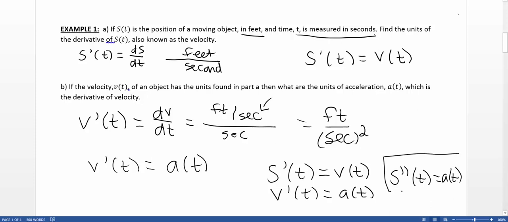So if we were to take the derivative 2 times on position, we would end up at acceleration. We haven't talked about the second derivative yet, but in the next section, we'll spend a lot of time talking about it. And we'll circle back to this in chapter 3, this idea about the relationships between position, velocity, and acceleration.